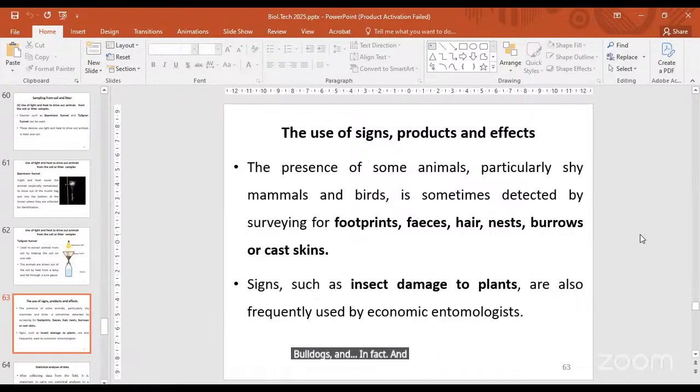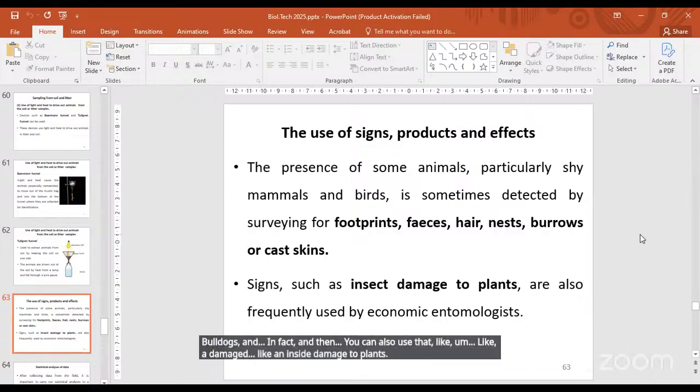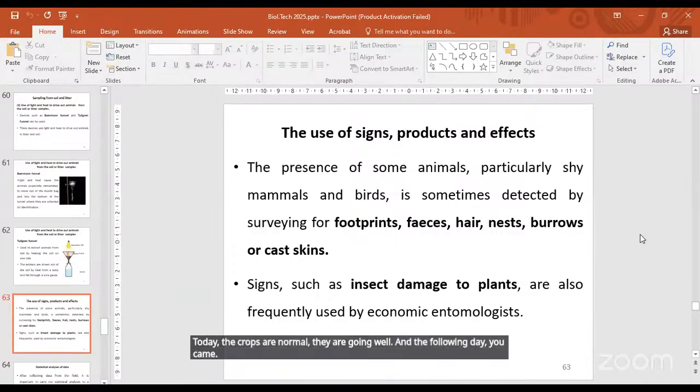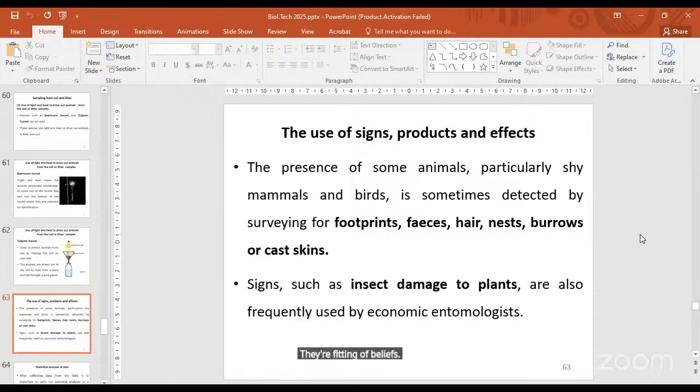And then you can also use signs like damage, like insect damage to plants. There are some insects that you may not be able to see, but how can you know that they are present? You plant your crops. Today the crops are normal, they are growing well, and the following day you came, they are picking up the leaves. So that can help you to determine the presence of those animals in that habitat, in that place.